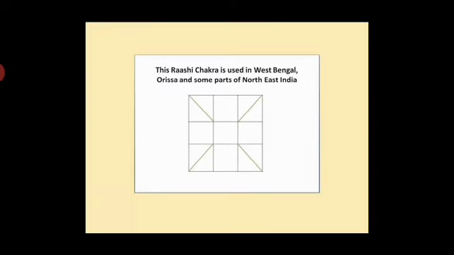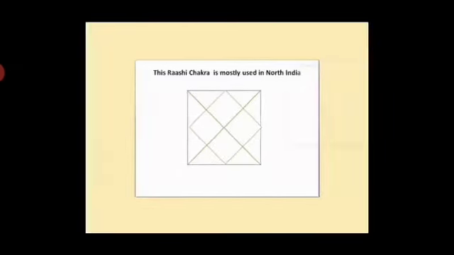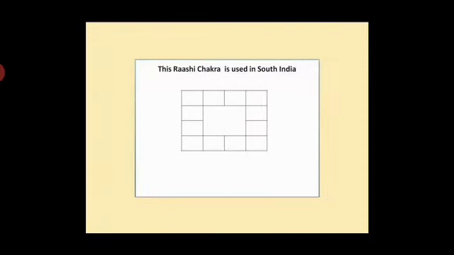This Rashi Chakra is used in West Bengal, Orissa, and some parts of northeast India. This Rashi Chakra is mostly used in North India. This Rashi Chakra is used in South India.